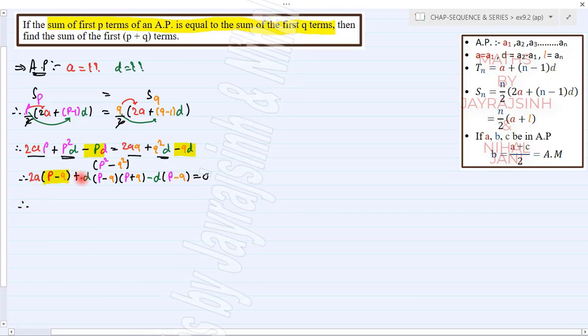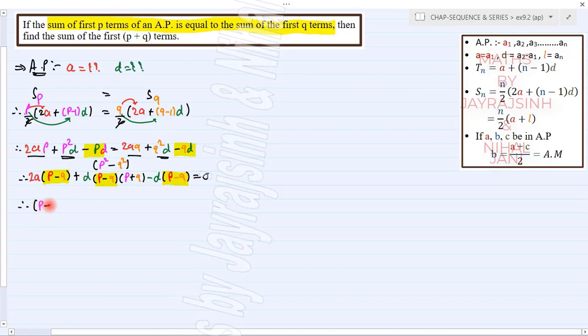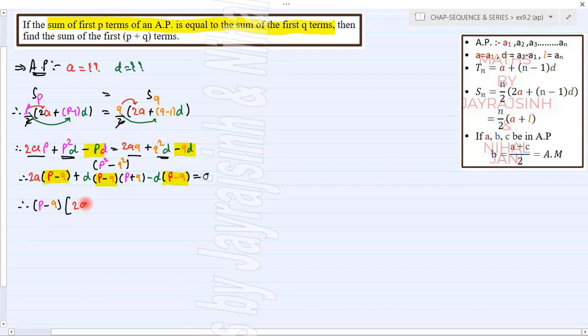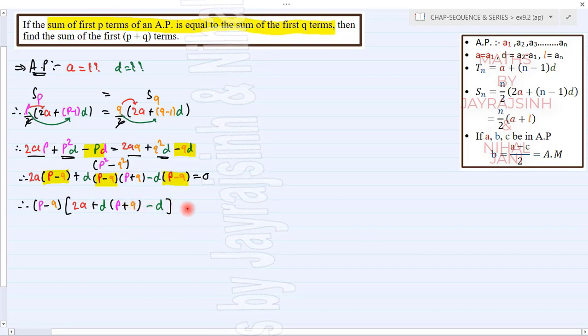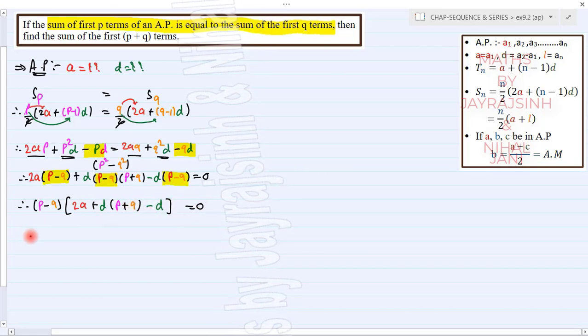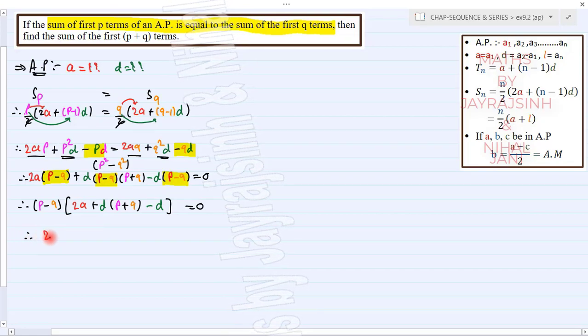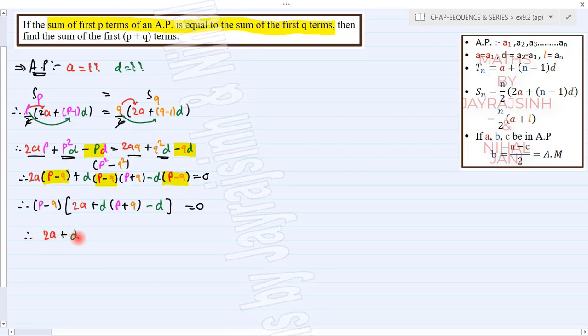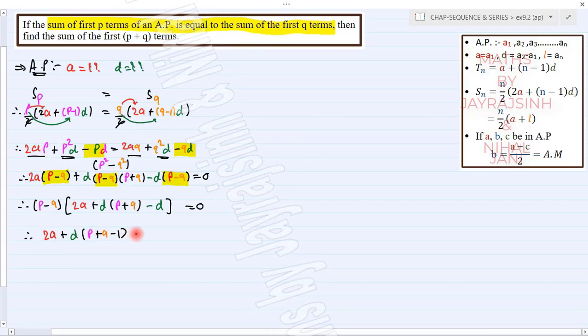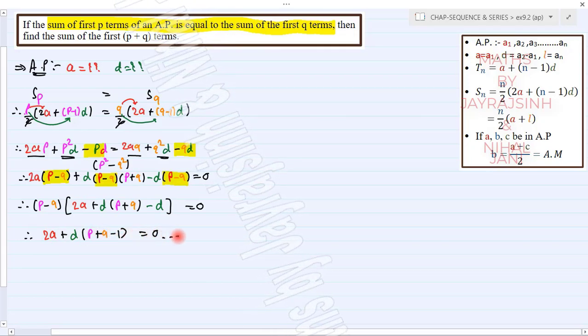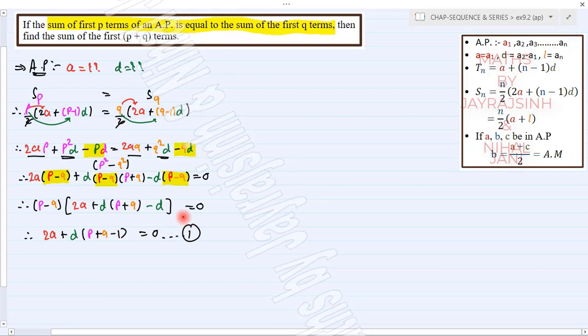So in all terms we have the common factor p minus q. So the remaining terms will be 2a plus d into p plus q minus 1 is equal to 0. Let's say this is our equation number 1.